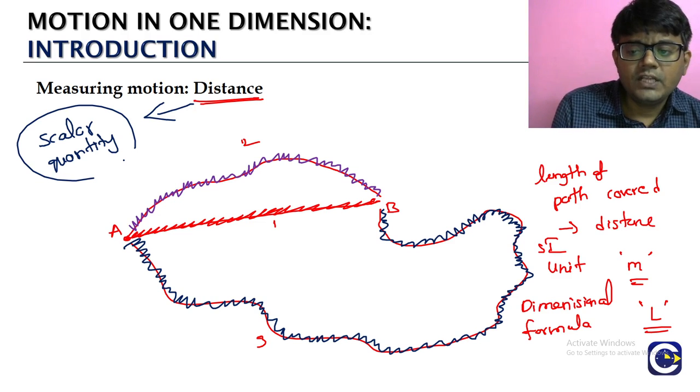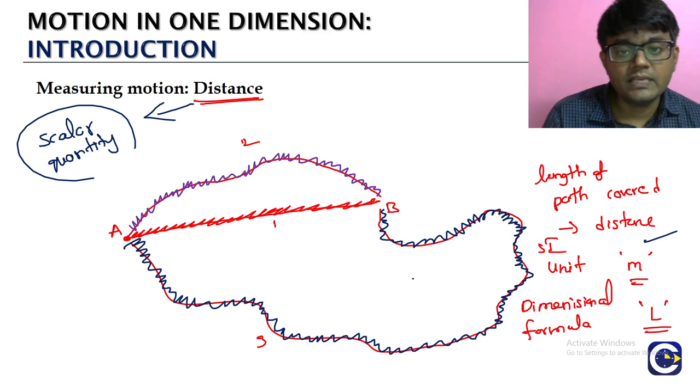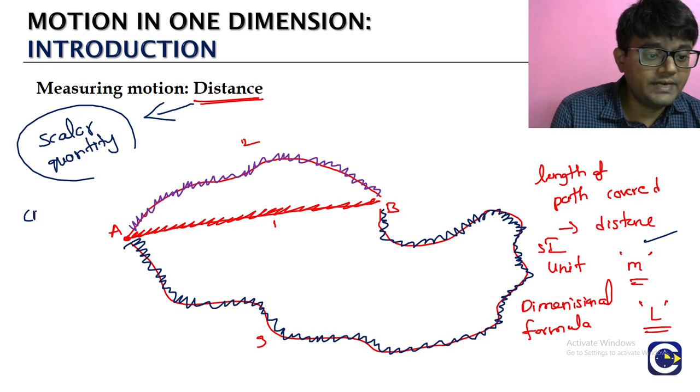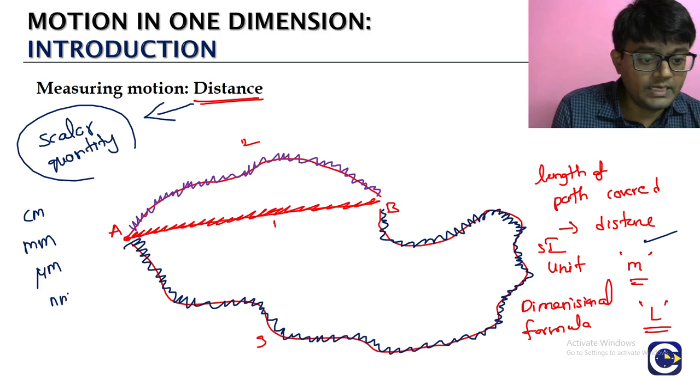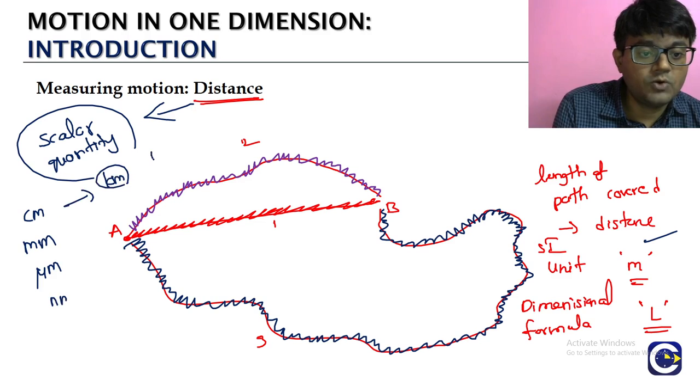If the units are not given in meters, they can be given in centimeters. If the values of the distance covered are smaller, they can be given in millimeter or even micrometer, nanometer, like that. Higher values can be given in kilometer, mile, etc. So we have to use the appropriate conversion factor.